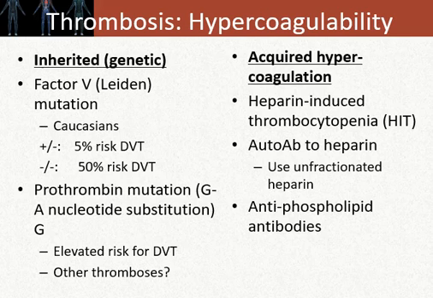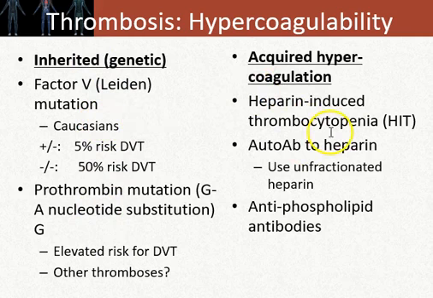In terms of having blood that's essentially too thick, these thrombi can form due to inherited reasons. Some of the more commonly encountered genetic reasons behind hypercoagulated states are listed here on the left. And then they can also be acquired over time.